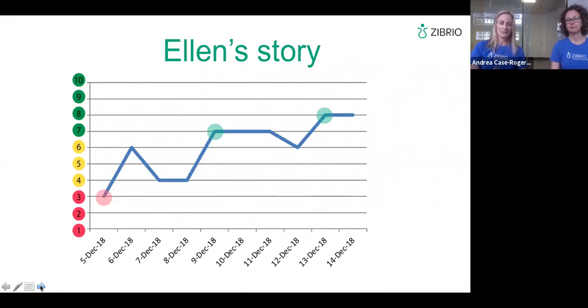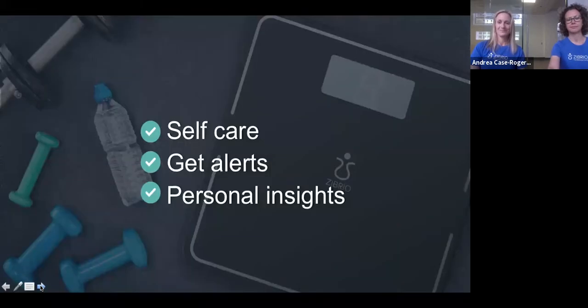But even people like that, ourselves included, we notice that we get to dips, and it's really useful to know when. So for Ellen, she learned about her own self-care through having this chance to measure her imbalance. She got an alert about herself and she got a personal insight. It's a wonderful tool to be able to do that.